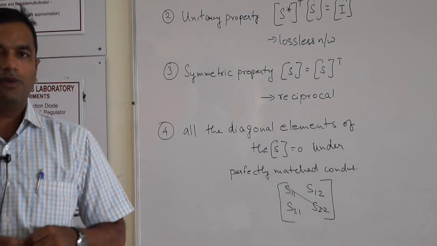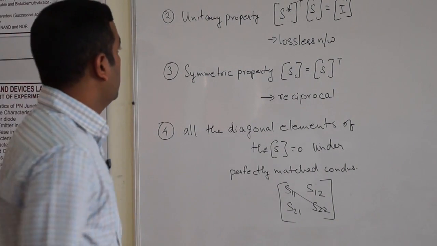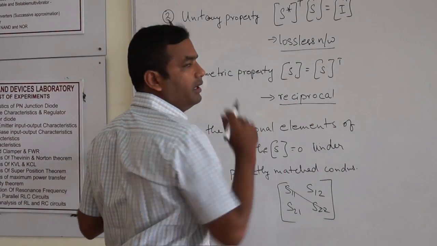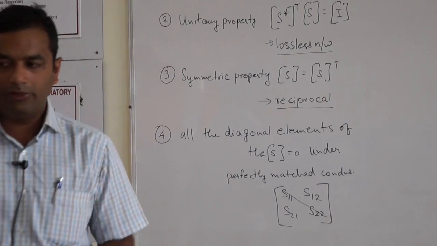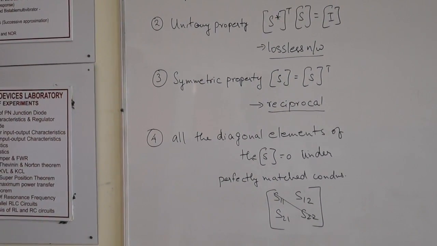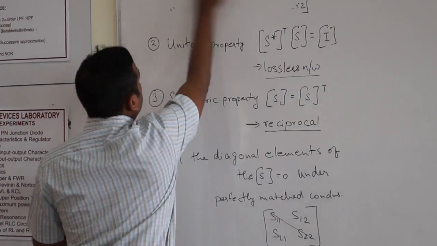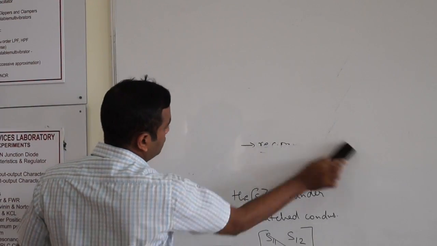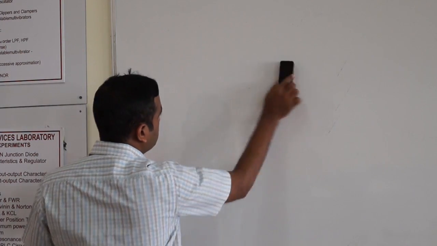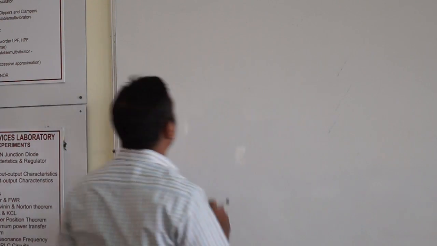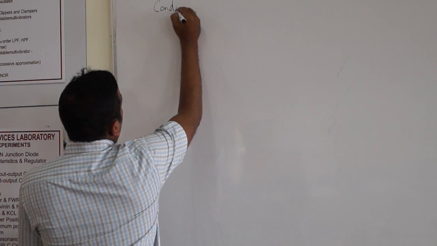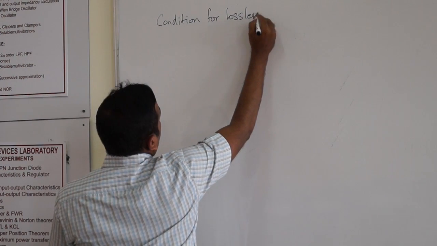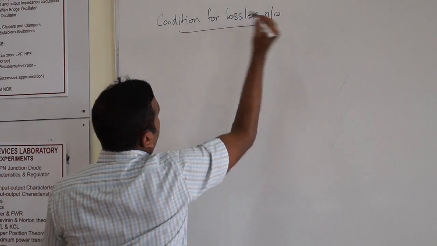So the next thing that we will do is derive the condition for a lossless network. And maybe in the next session we will derive the condition for reciprocal networks. Now let us prove the condition for a lossless network.